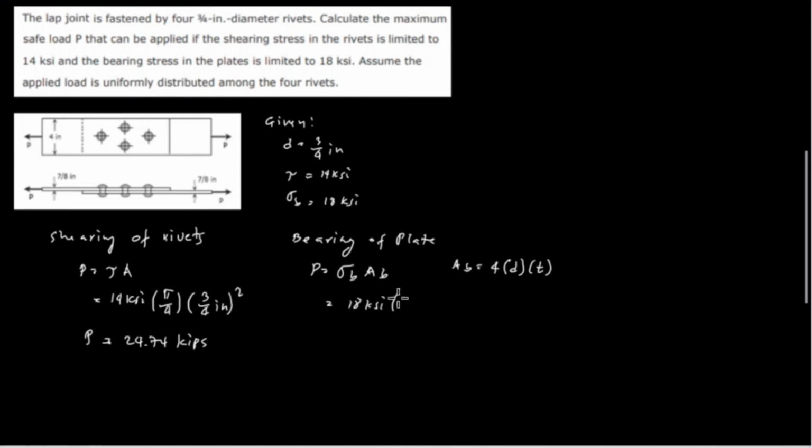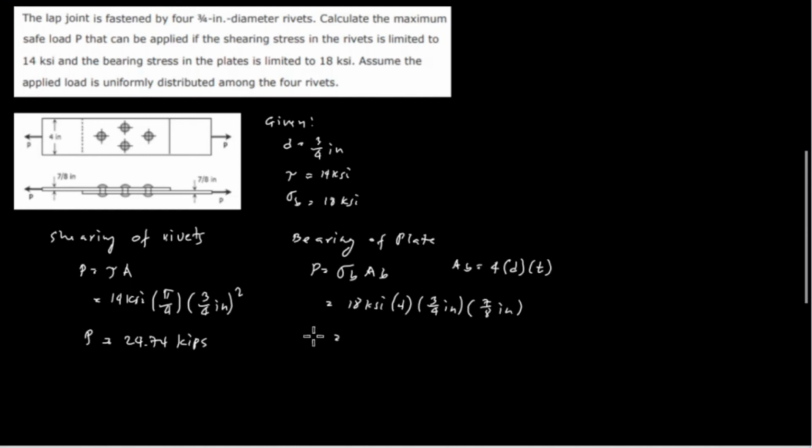So we have 4 times the rivets, and then the diameter of the rivets, which is 3/4 of an inch, multiplied by the thickness of the plate, which is 7/8 inch.